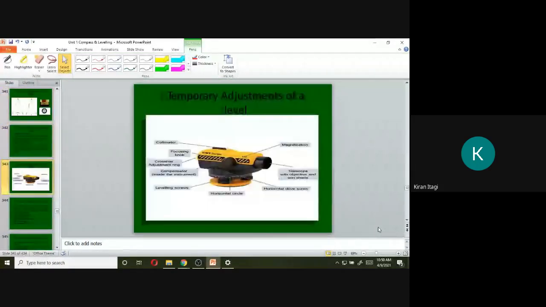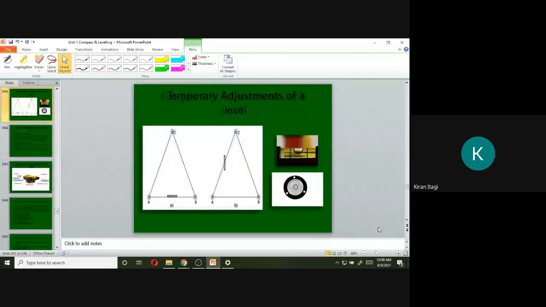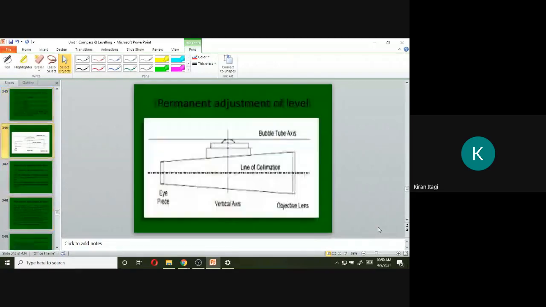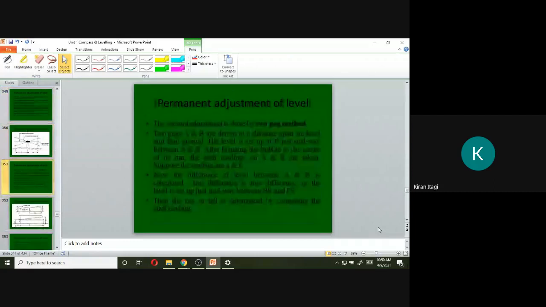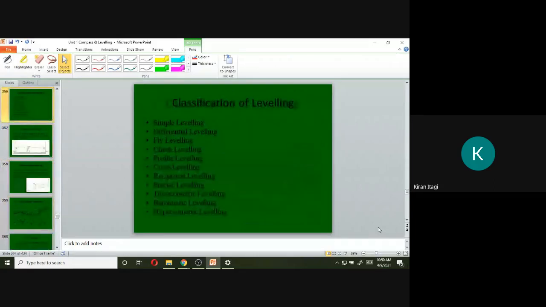Here we have how to use the screws. Then classification of levels: simple level, differential level, fly level, check level, profile leveling. We will see according to the syllabus.